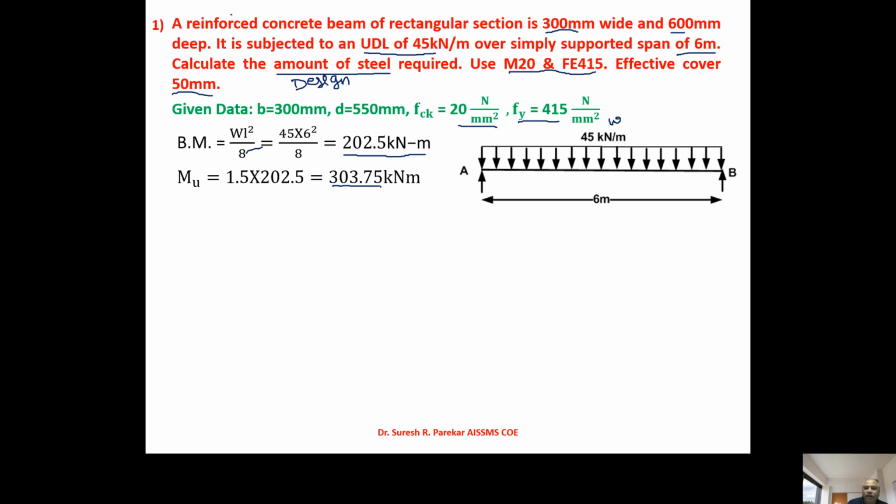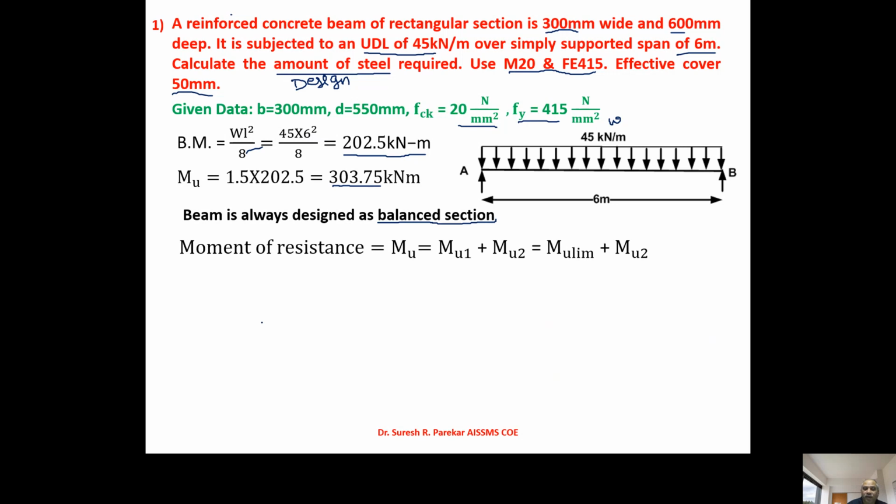Now we will start the design, and here you can see we have to design it as a balanced section. Balanced section means we have singly reinforced, that will be Mu limit, and then for the remaining we have to go for compression steel. So now we will go with the moment of resistance. We have Mu1 plus Mu2.